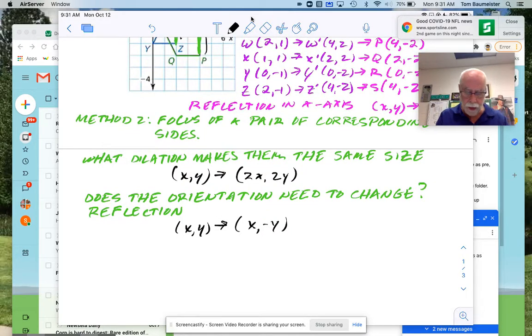So on that one there, we could have said, again, based on that I had this one here, and I had this one here, again, you could tell me it was a dilation of a factor of 2 and a reflection in the x-axis. But again, I want you to think of the other two.